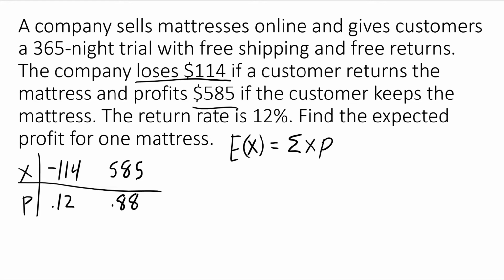To find what we expect the company to profit for one mattress, we're going to multiply the x's times the p's, and then we will find the sum of those things. So we will multiply negative $114 times 0.12, and we will add that, that's finding the sum, that's what we use that sigma symbol for, to $585 times 0.88.